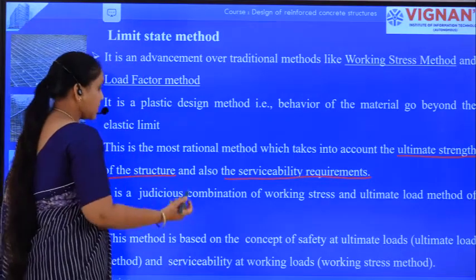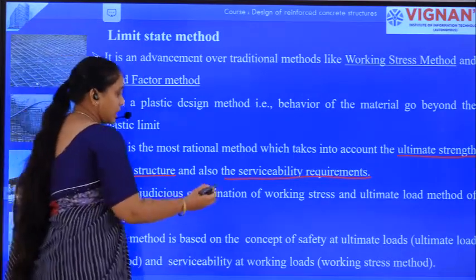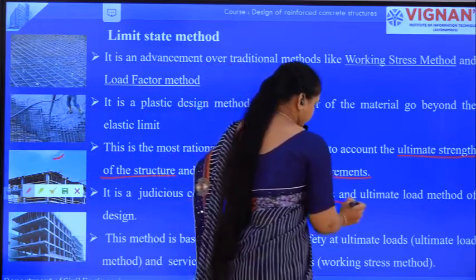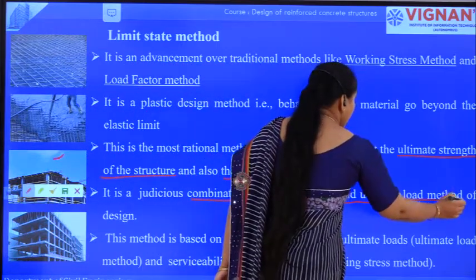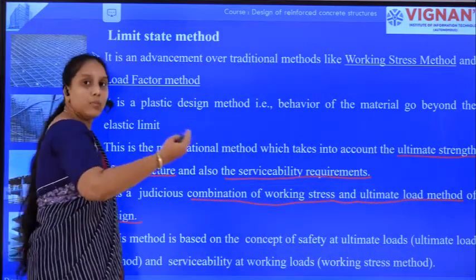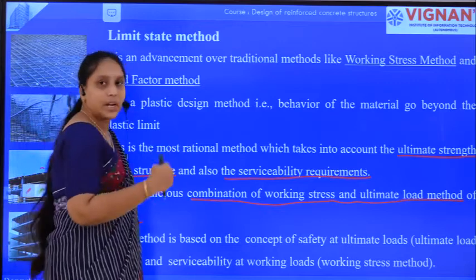That is the reason why this limit state method is a combination of the working stress method and the ultimate load method of design. So both are taken into consideration.